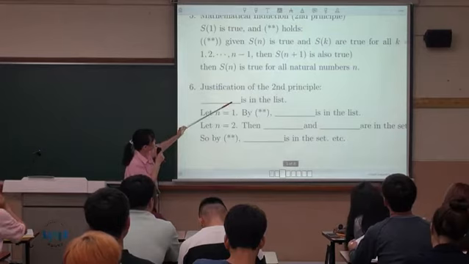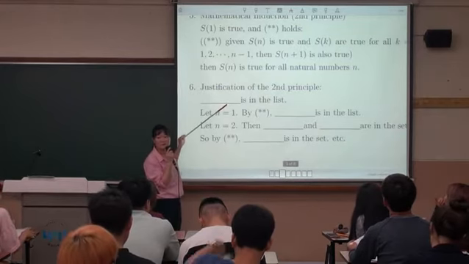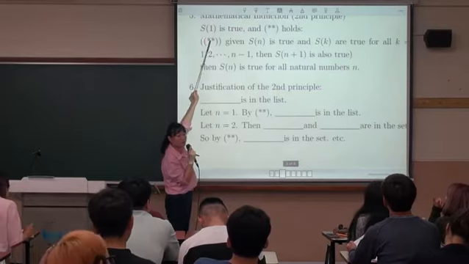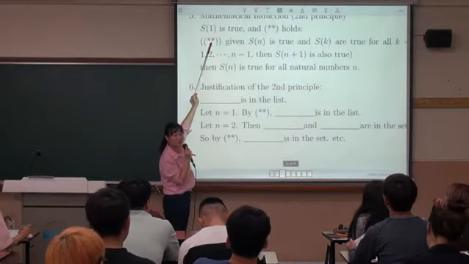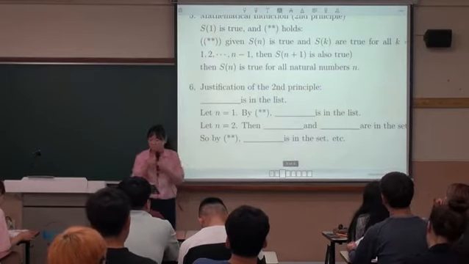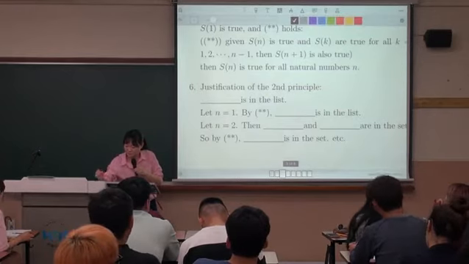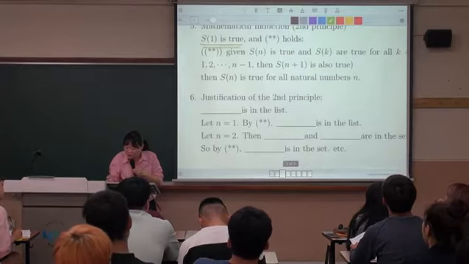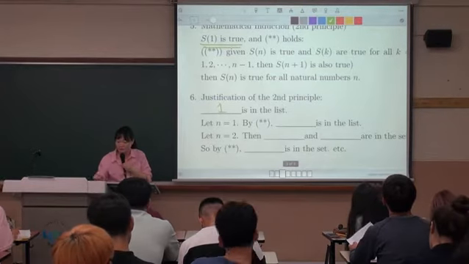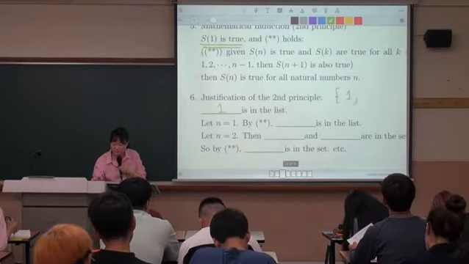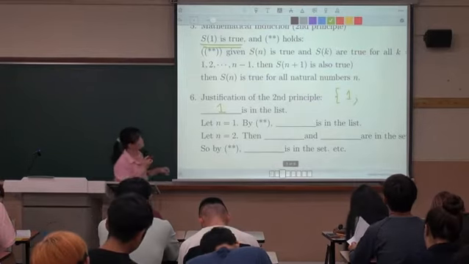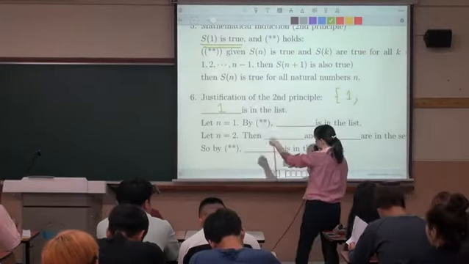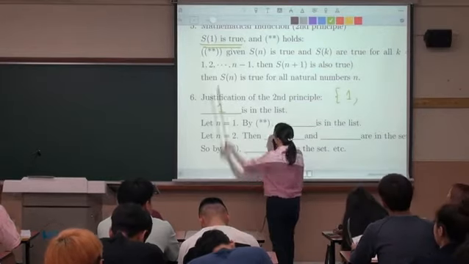First, what is in the list? 1 is in the list. Why? Because S1 is true. So S1 is true, and because of this, 1 is in the list. And suppose it satisfies double star.